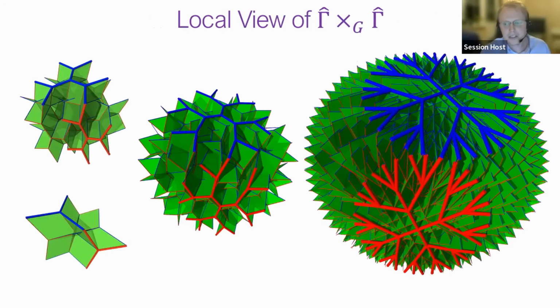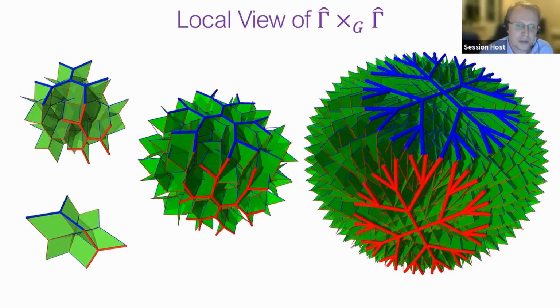Okay, and here, I assume that I do not have enough time to say much more, but here you can see a local view of the product of two expander graphs, how it looks.